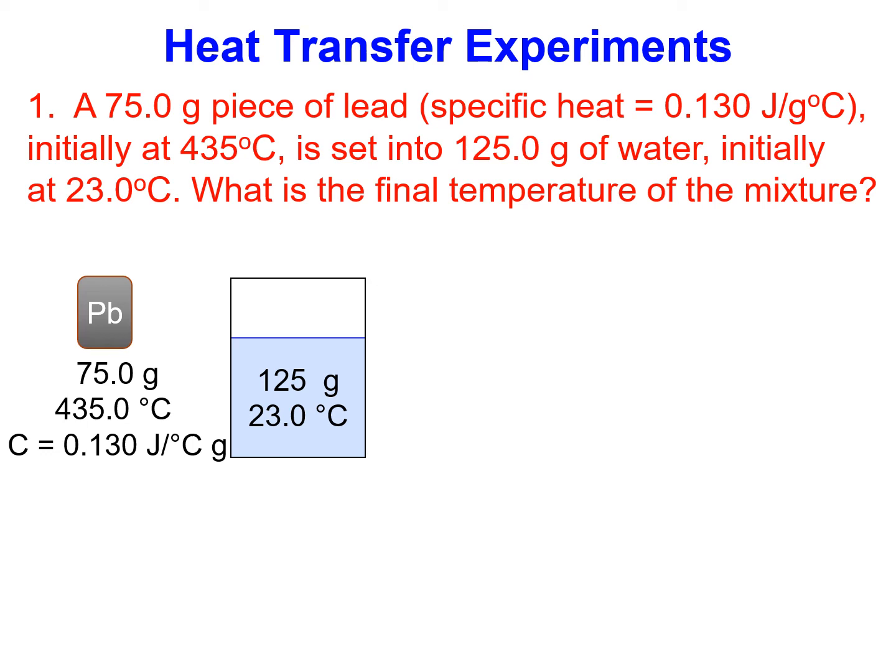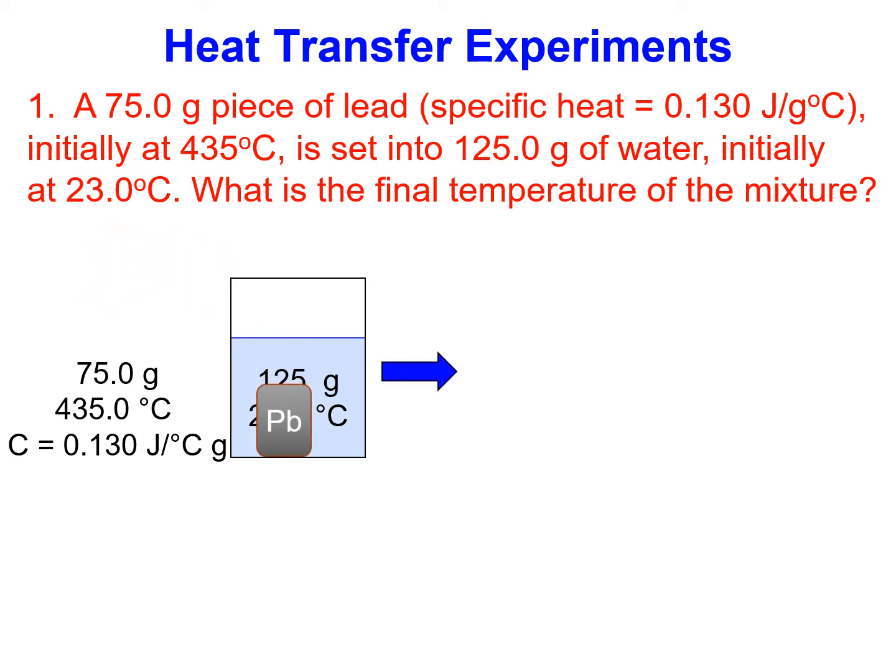I would suggest that you always write down what you have in the problem. Your lead has 75 grams. It's at this temperature, and you know the specific heat is 0.130. Your water is 125 grams, 23 degrees C, and your specific heat of water is 4.184.